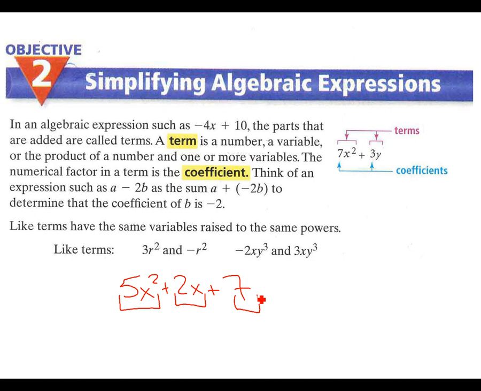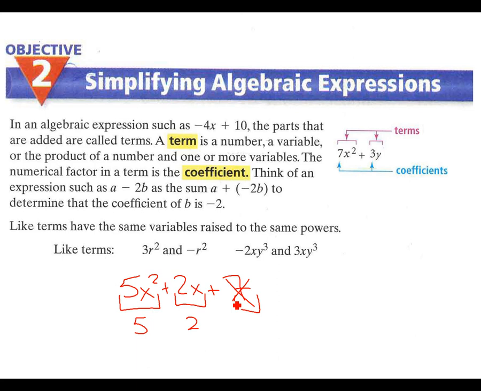The coefficients are the numbers in front of the variables. So in this case, the coefficient would be 5. In this case, the coefficient would be 2. 7 is not a coefficient because there's no variable, so no coefficient on that one.